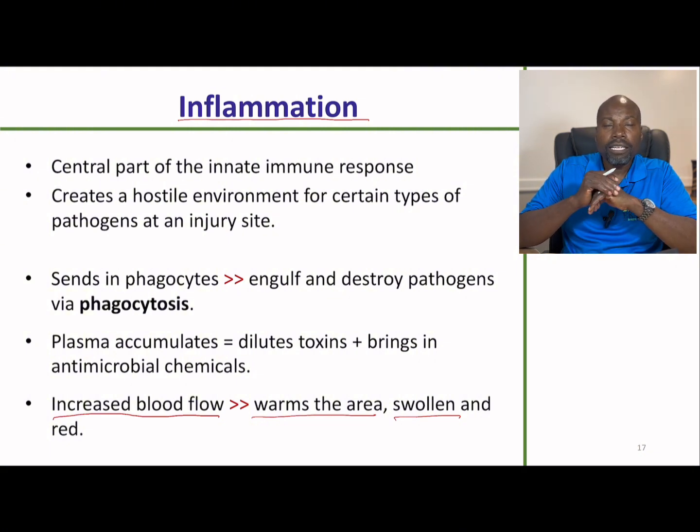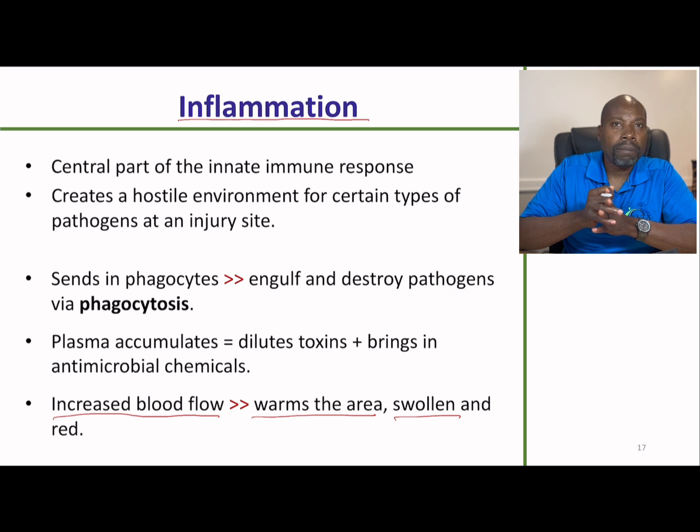So the inflammatory response is a central part of the innate immune response when it comes to the second line of defense. So it's going to create an environment that is not very enjoyable for foreign particles.